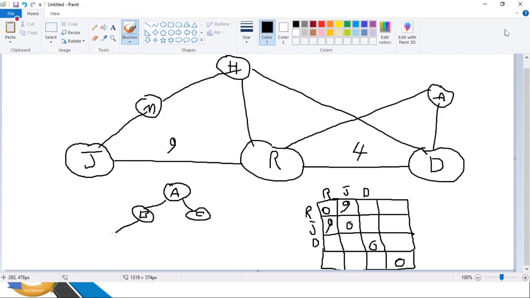Then from B we have D and E. From C we have F. That's enough. Now, do you remember how we read that tree? Can anyone remember how we read, traversed or visited that one?